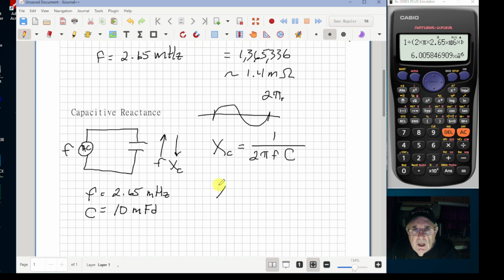And this gives me a value then of, let's just round it to 6.0 times 10 to the -6 power.